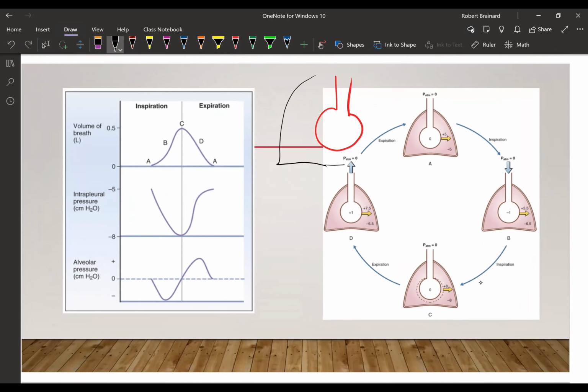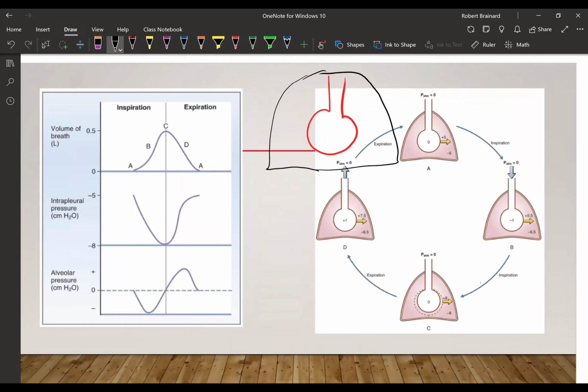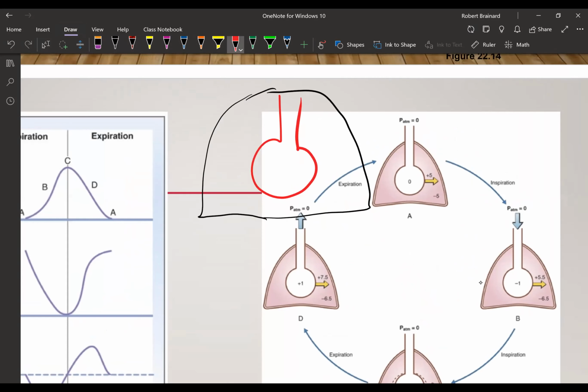This space in between, if this is the alveolus, is the intrapleural space, or the space between the visceral pleura, which is on the lung, and the parietal pleura, which is lining the chest wall. Over the course of a single breath, we're looking at how those different pressures are changing.